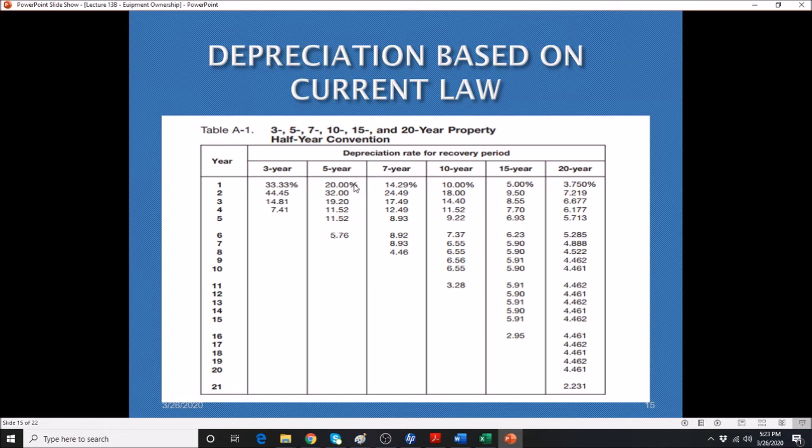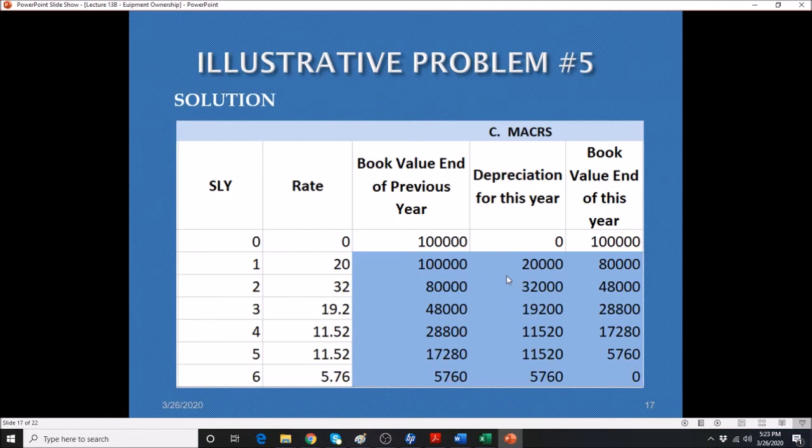So plug in those numbers: 20, 32, 19.2, 11.52, 11.52, and 5.76 for the sixth year, which is the percentage of depreciation.